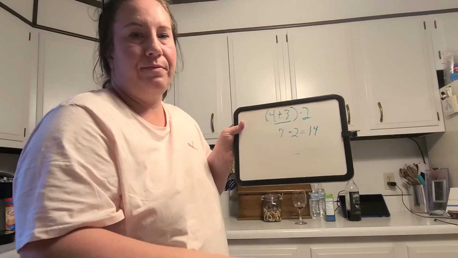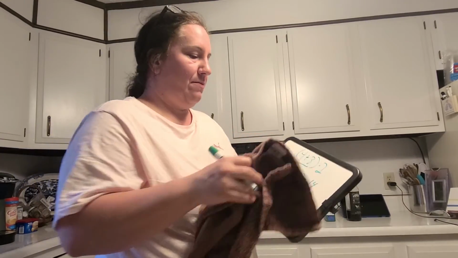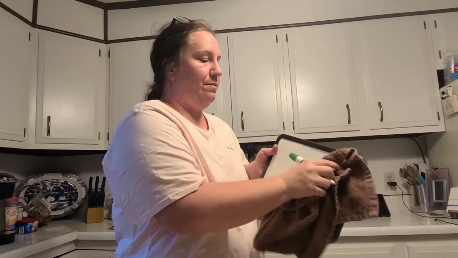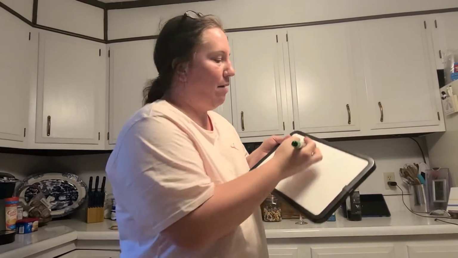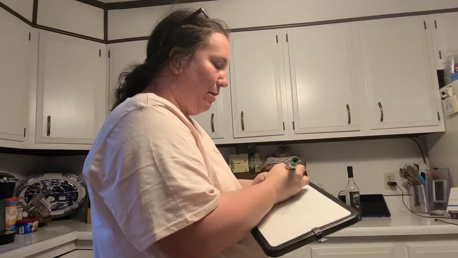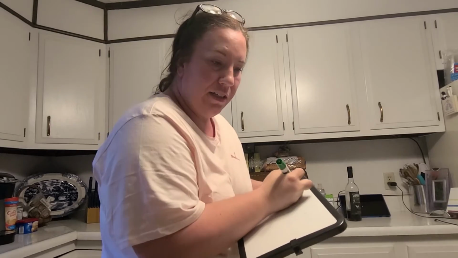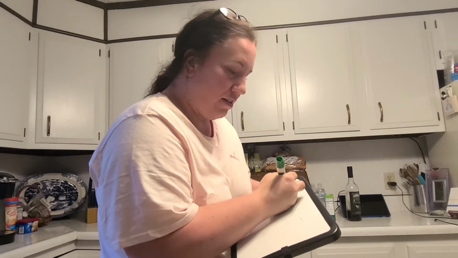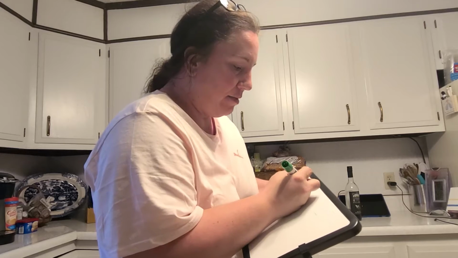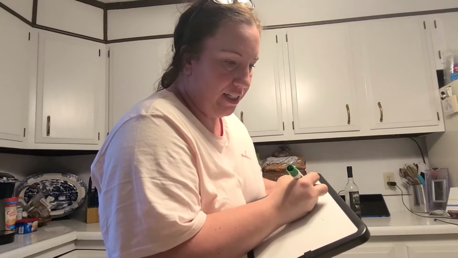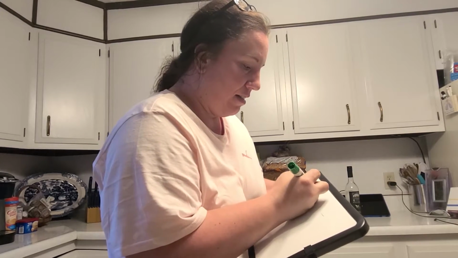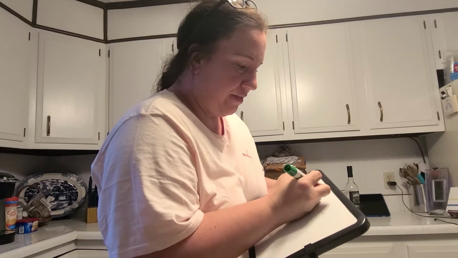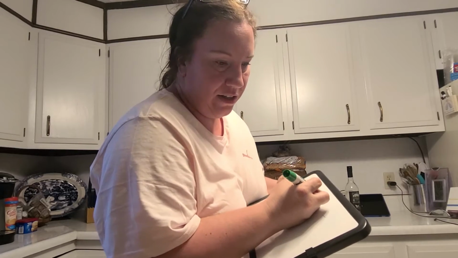All right, so that's the first problem. The next problem I have here will be, let me write it and then you'll be able to see it. Sometimes you can have more than one set of parentheses, and you'll see that now.